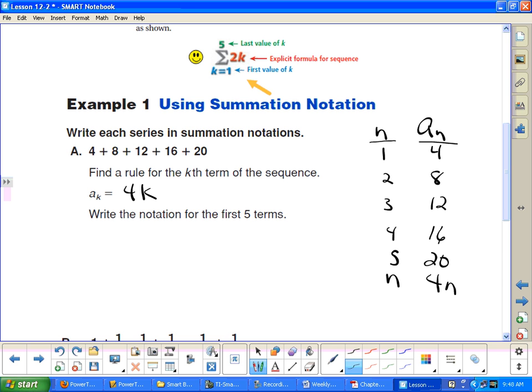That's my explicit formula. So then when I write this, I do the sum, sigma is what that's called, and k starts at 1 and goes to 5 for 4k.